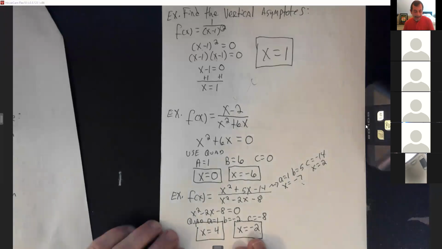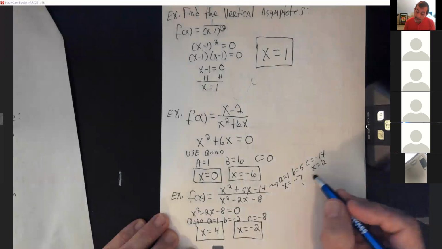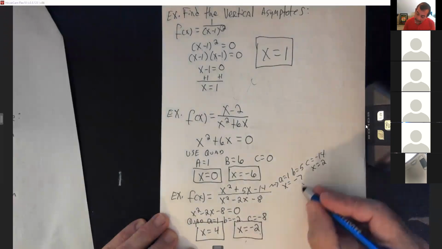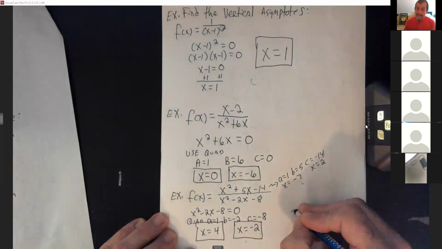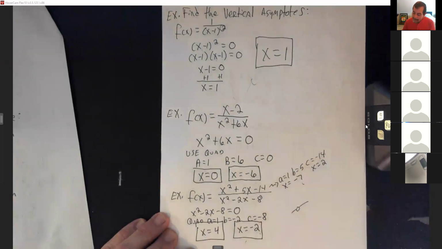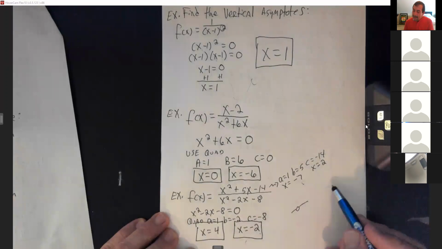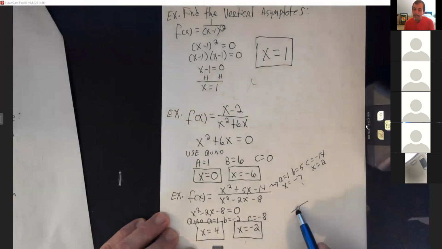What happens when the top one cancels with a bottom one, instead of making a vertical asymptote there, it makes what we call a hole in the graph. So if you've ever seen graphs that were going along and then they had a little hole in them and then they started again, that's because asymptotes canceled with that top zeros, okay?